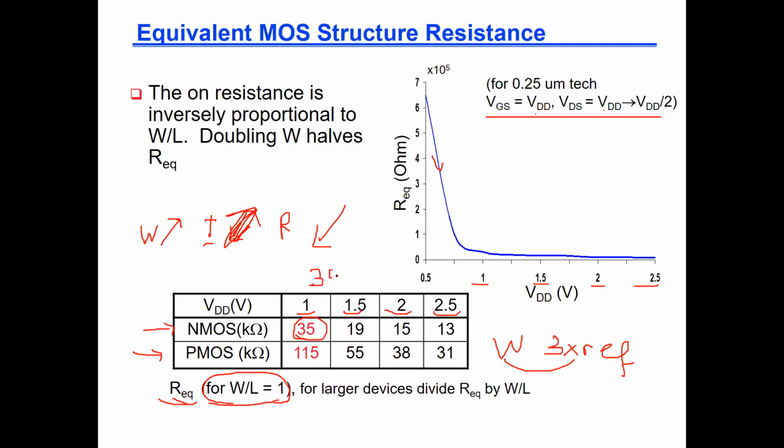So we say okay, its resistance will be 1/3 the values listed in this table. Okay, this is how we use tables. Tables are always built for W by L ratio equal to 1, and then if a device has a W by L different from 1, you need to divide by that number so that we scale things accordingly. Okay.